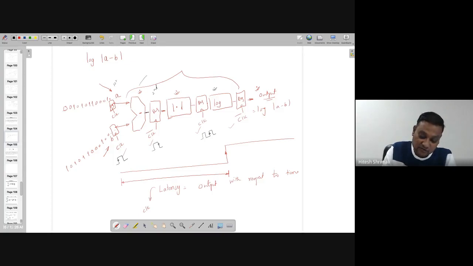This guy is going to interact with this guy, meaning there is a direct connection. If A is available over here, let's say, and B is available over here at the clock, the output is available after the propagation delay, so the clock plus some propagation delay of logic, and the output is available here, but the clock is still high, right?